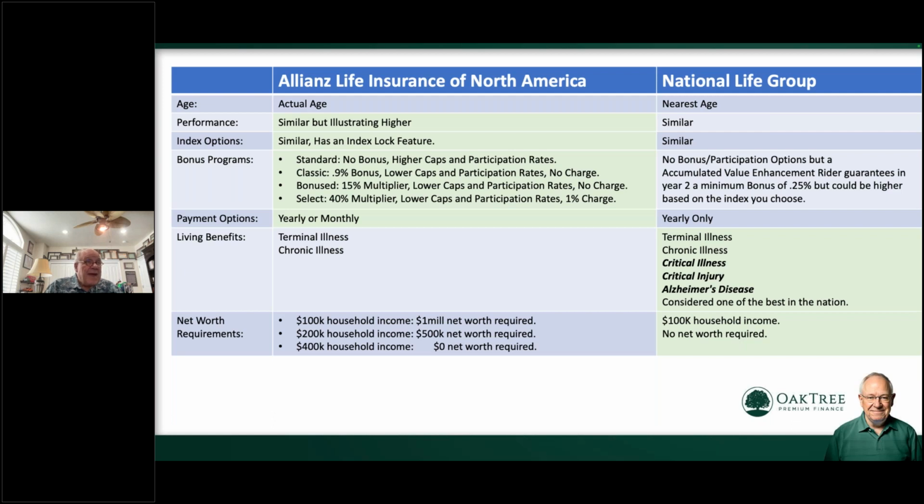So age, Allianz uses your actual age, day before your birthday. If you're turning 60 tomorrow, the day before you're 59. National uses nearest age. So 6 months before your birthday, they ratchet you up to the next age. Just different approaches.